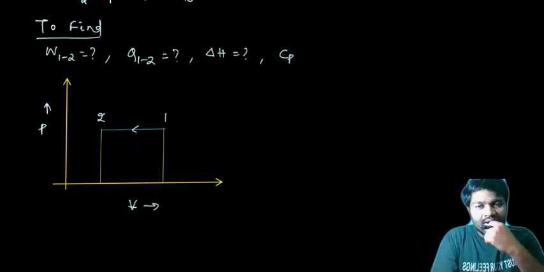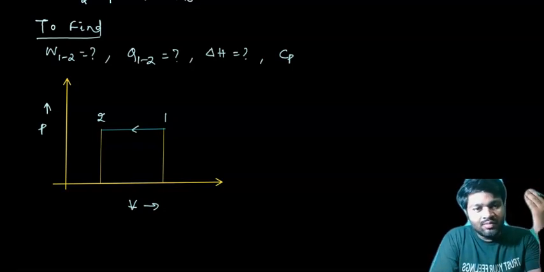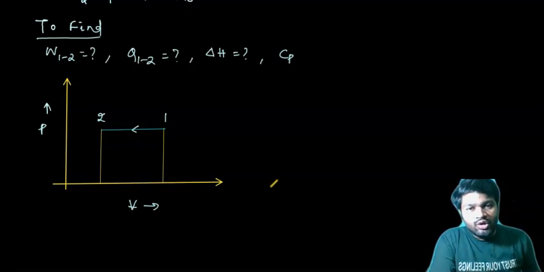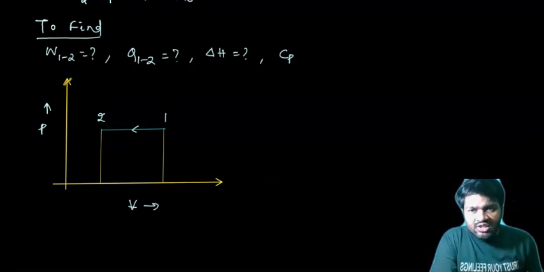Okay, and we can obviously calculate the value of work done for the polytropic. Sorry, that is a constant pressure process, right? So we know in this process, if we want to find the value of work done, then simply we need to find this area, right?